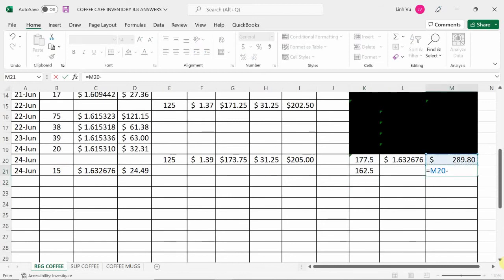And what is my total cost if I sold $24.49? Or I guess what's my ending balance? Would it be 314.29? Oh, you added. No. You added.